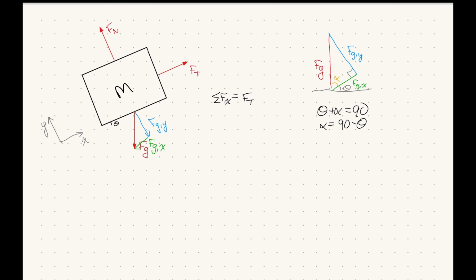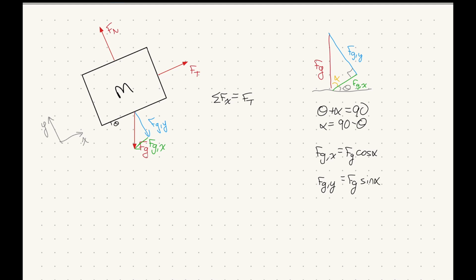Now, from trigonometry, we can deduce that the gravitational force in the x direction will be equal to the gravitational force cosine alpha. And we can also figure out that the gravitational force in the y direction will be equal to the gravitational force sine alpha. Okay, you may not be familiar with this idea.